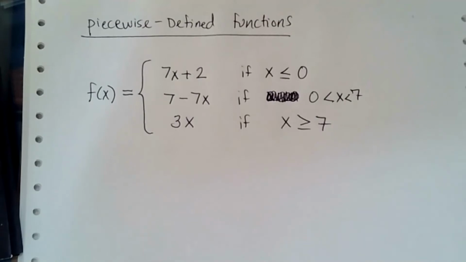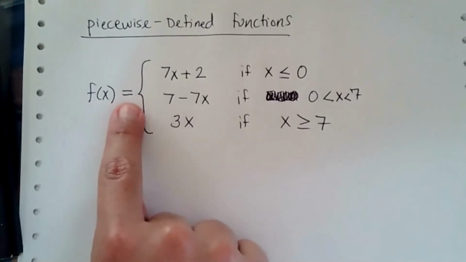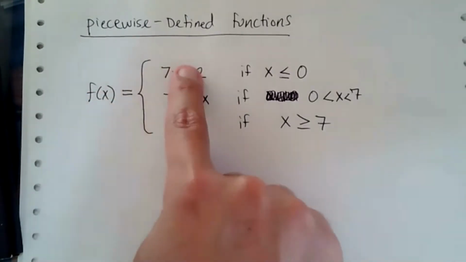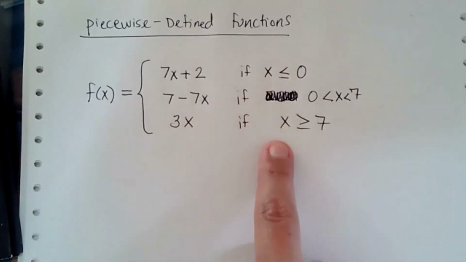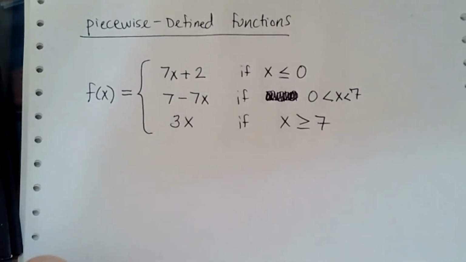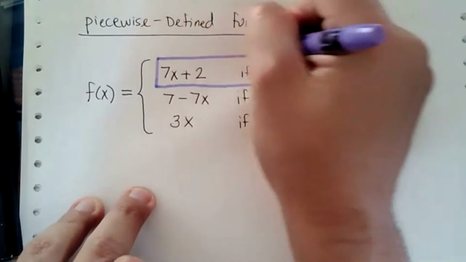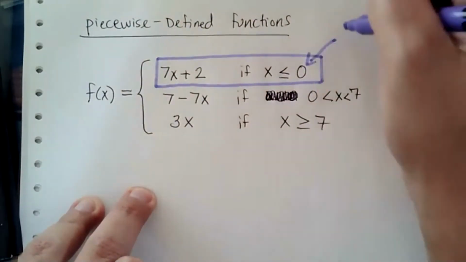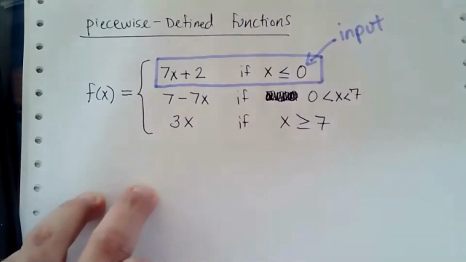So this thing looks a little bit complicated because there are 3 equations all wrapped into one thing that we're calling a single function. This is a single function called f of x, but the values of this function are determined by 3 different equations predicated on 3 different conditions. Okay, so what do I mean by that? Let me color code this. This first equation can only be used when the input values are less than or equal to 0.